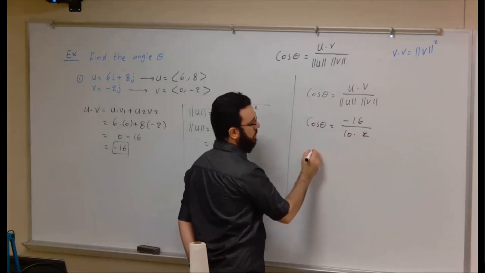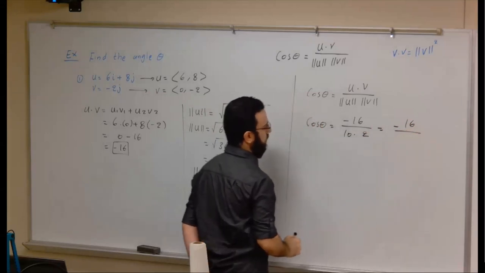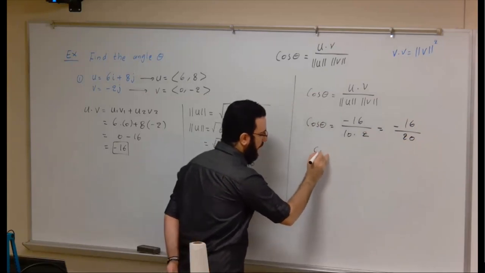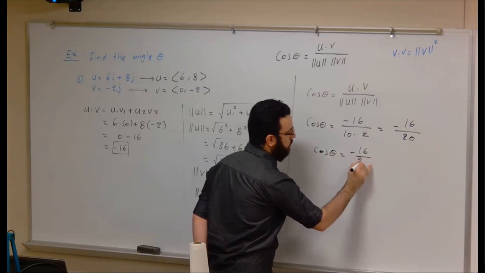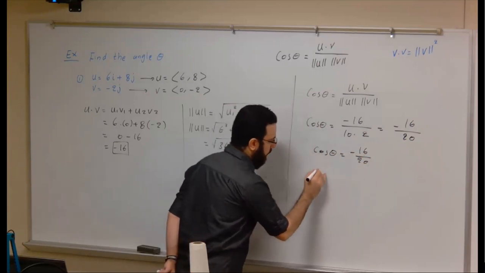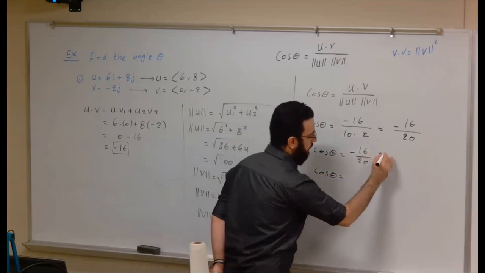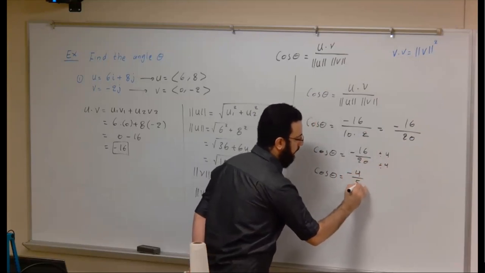That means it's going to be equal -16 over 20. So cosine theta is -16 over 20. Can you simplify it? By 4. That means cosine theta, divide both by 4. So it's going to be -4 over 5.